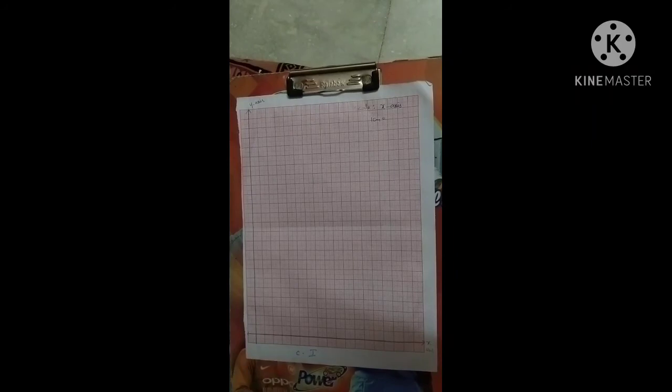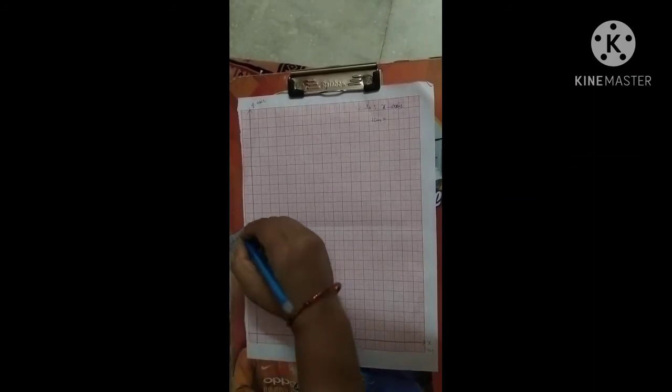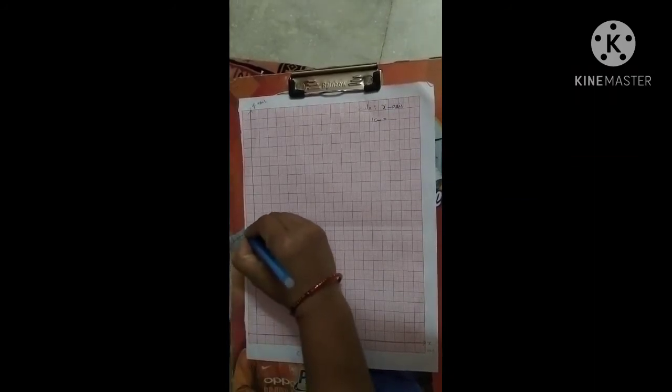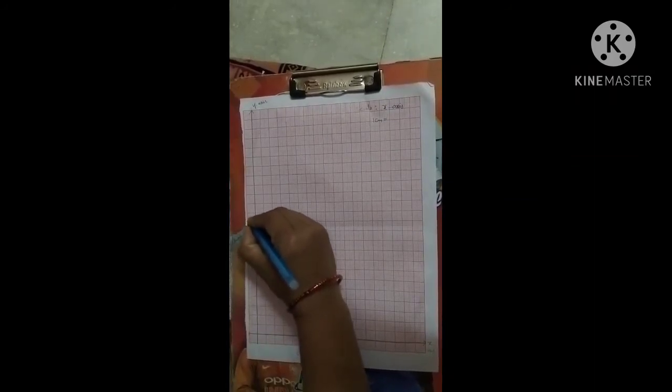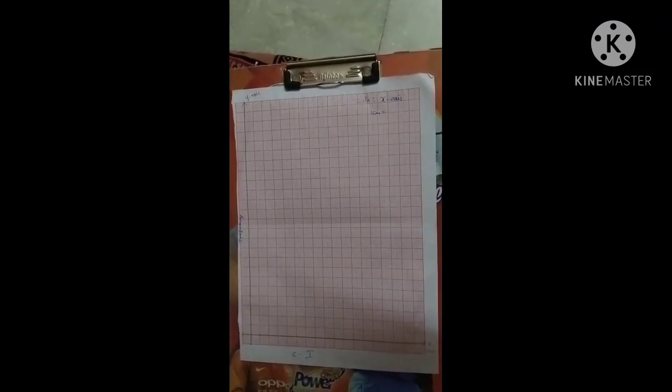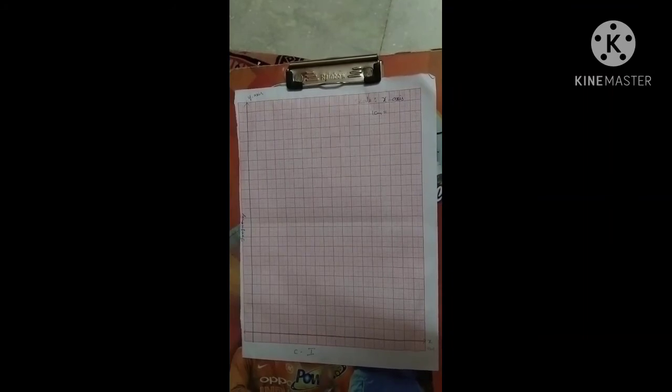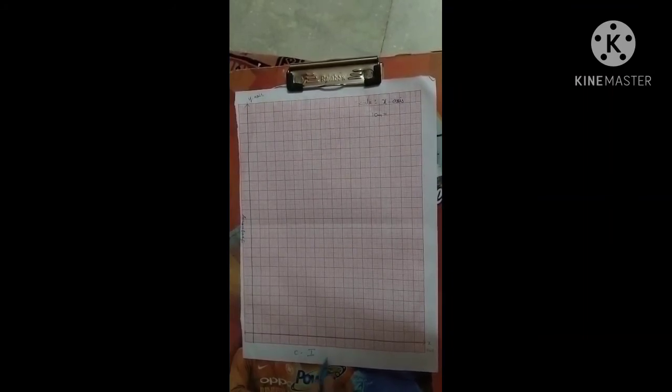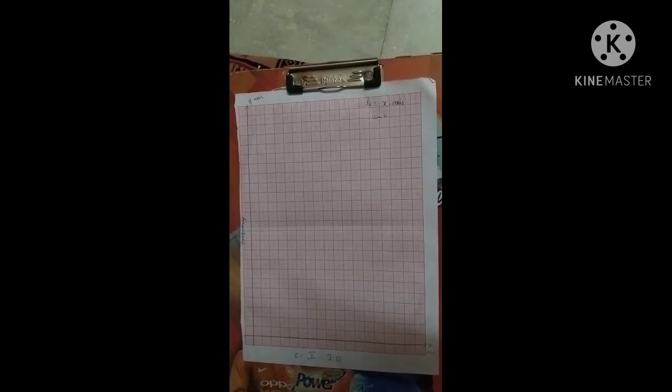In every graph, the x-axis is the class interval and the y-axis is the frequency. Okay, did you understand, children? Given the problem, you have to take the x-axis as the class interval, which here is the intelligent quotient.